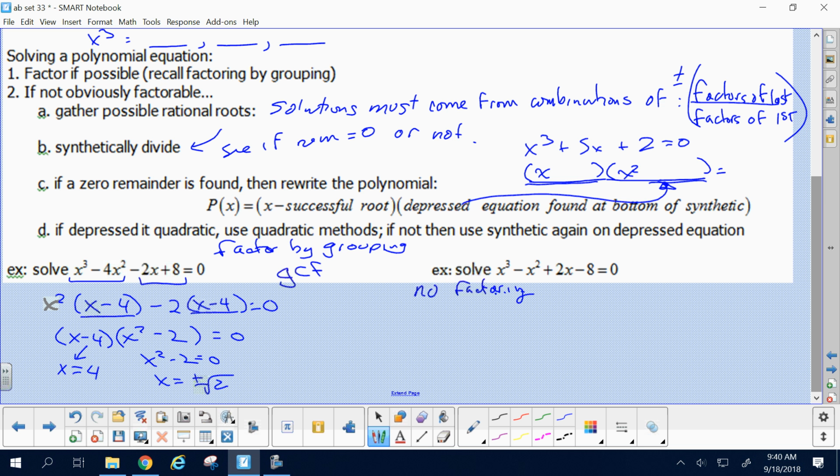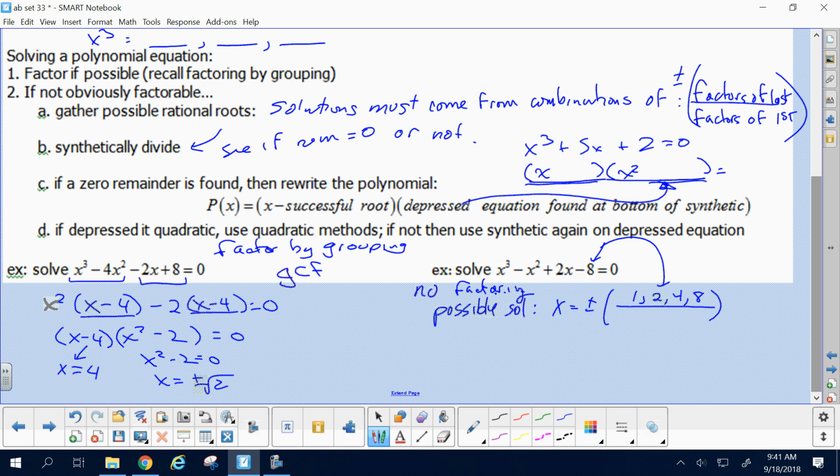So now, instead, we're going to do it the other way. The possible solutions are x equal plus or minus factors of the last. What are the factors of the last number? 1, 2, 4, and 8.